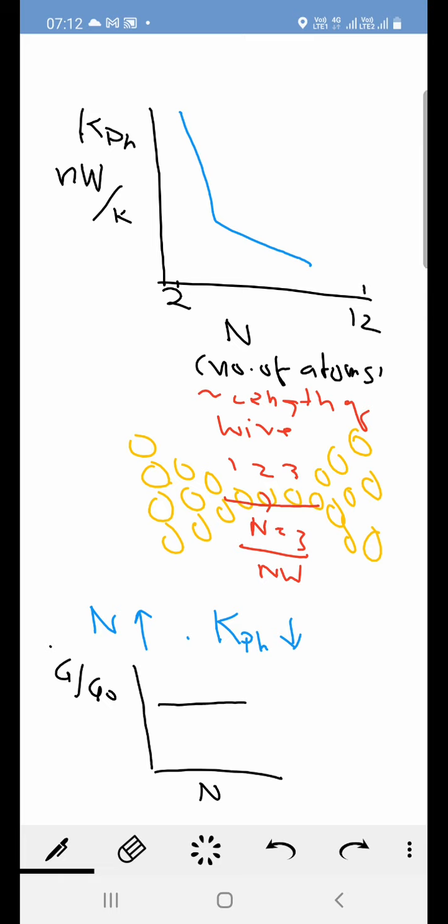Now, I previously mentioned that this is what is happening at low temperature. So why low temperature? We meant that when the temperature is much less than Td, the Debye temperature.